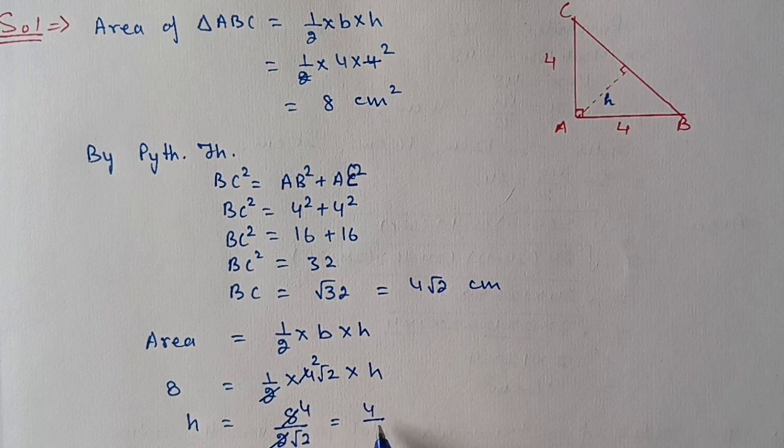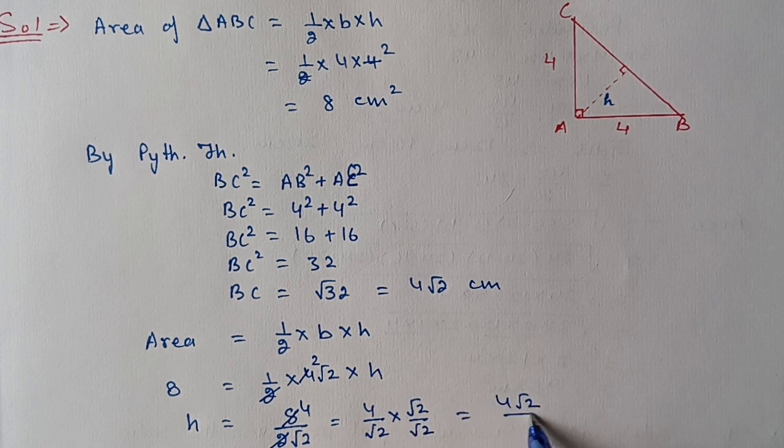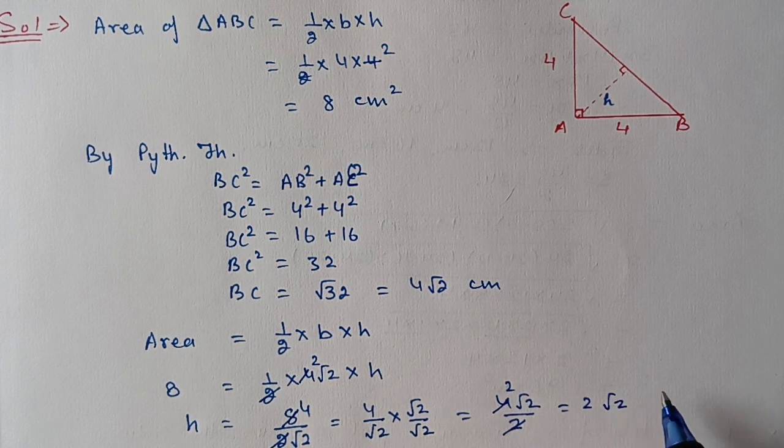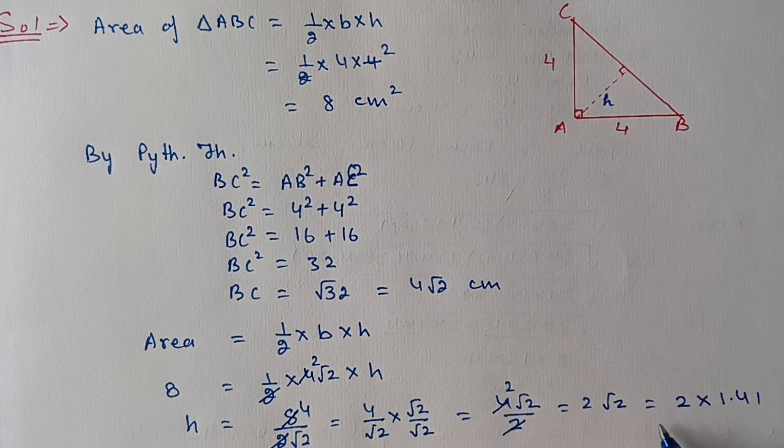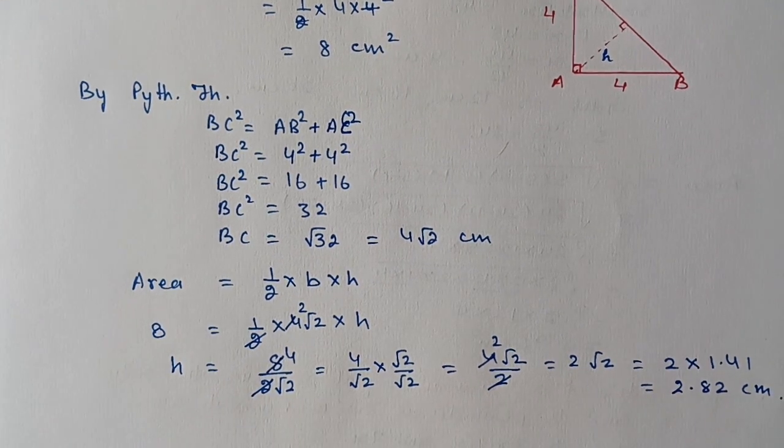You can rationalize it. Multiply with root 2 up and down. So you will get 4 root 2 by 2. Cancel out 2. And this root 2 value we can substitute as 1.41, and after multiplication 2.82 centimeter will be the height according to BC.